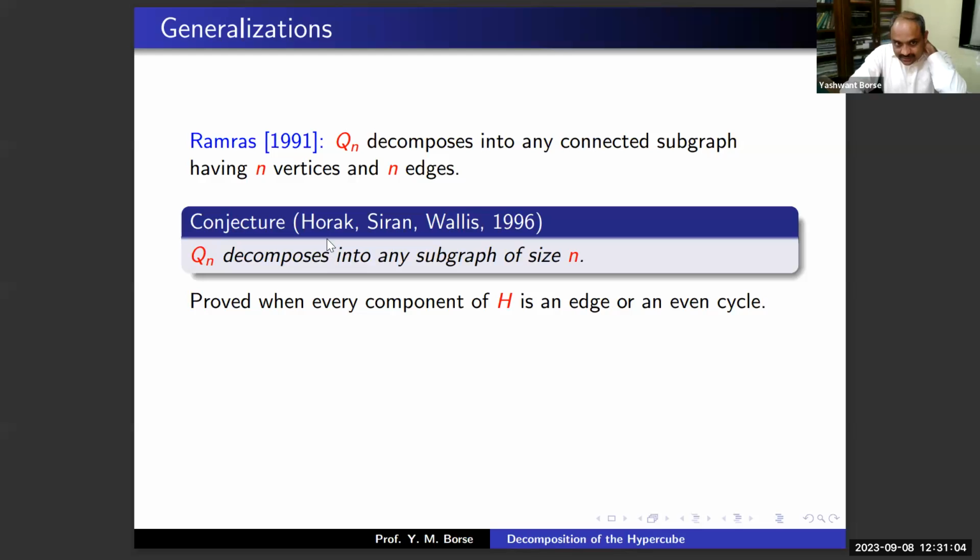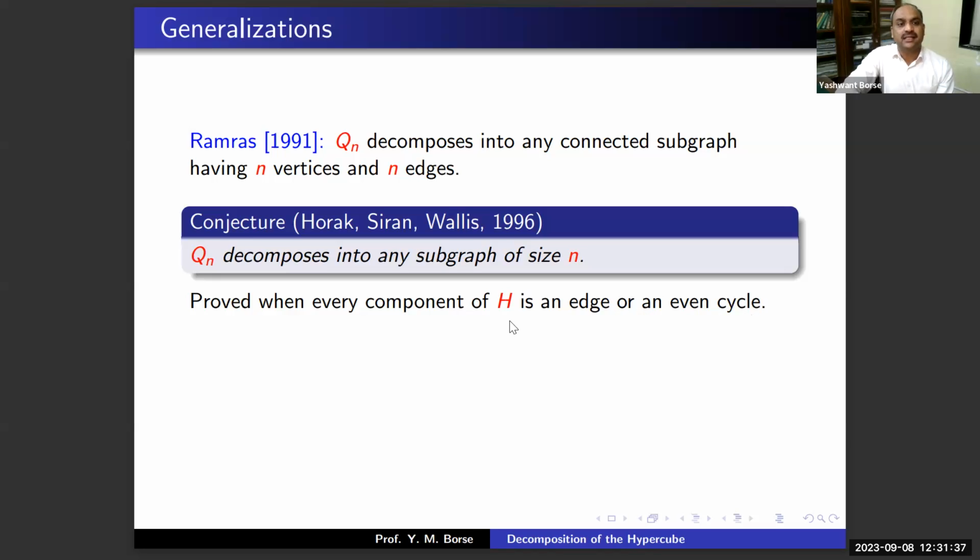Another generalization: this is a conjecture by Horak, Siran and Wallis. Qn decomposes into any subgraph of size n. They proved this conjecture for the special case when every component of the subgraph H of size n is an edge or an even cycle.